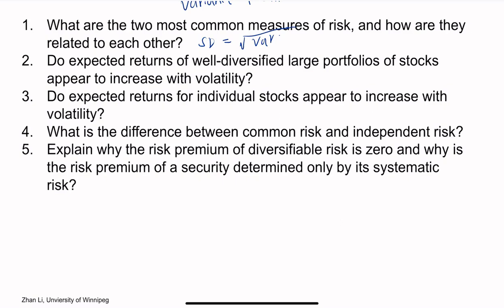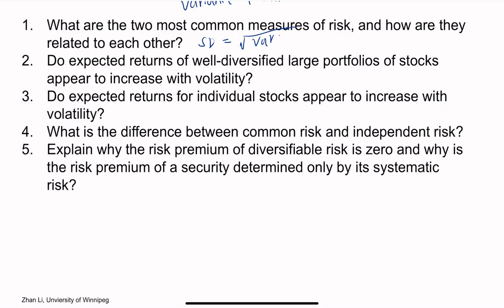So in the end, the portfolio will only contain systematic risk. Through diversification, as an investor, you can eliminate firm-specific or diversifiable risk. So you will not ask for compensation.